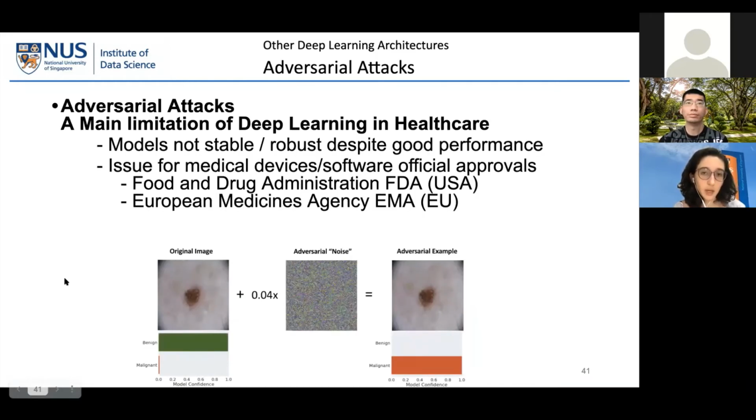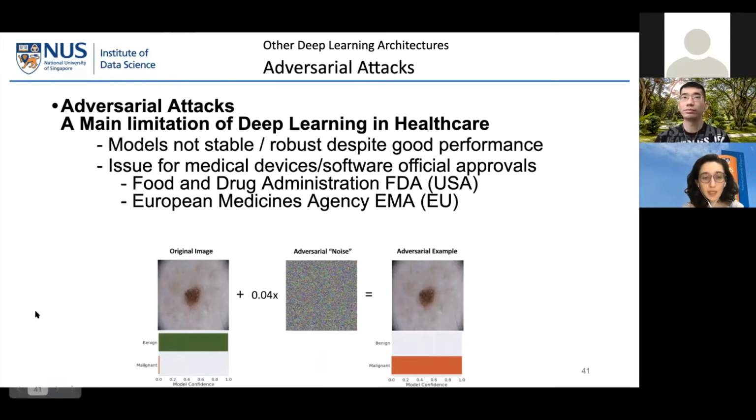The idea behind it is that a lot of the machine learning and deep learning models you will train will not be stable, not be robust. They have very good performance, maybe much better than other classical models or simpler statistics that you could use. However, they are not stable.